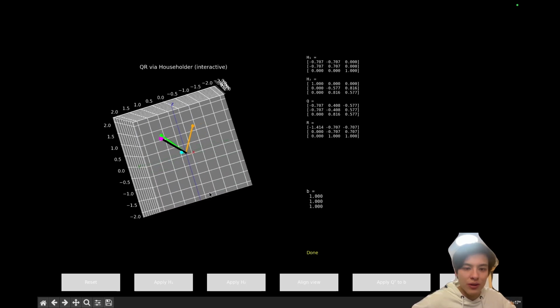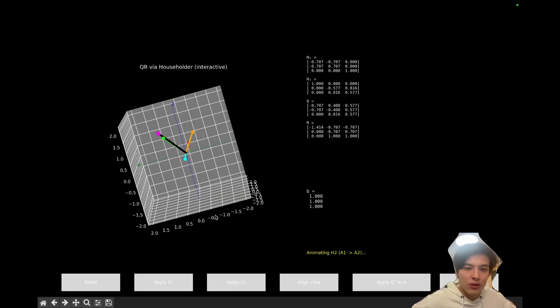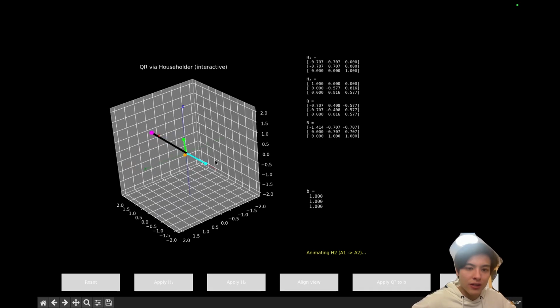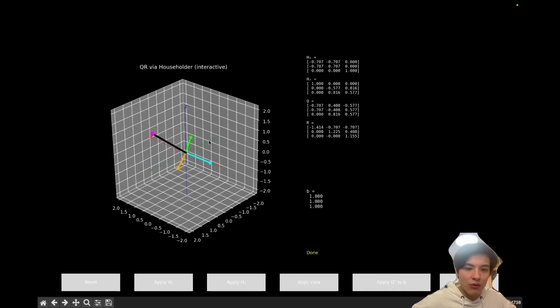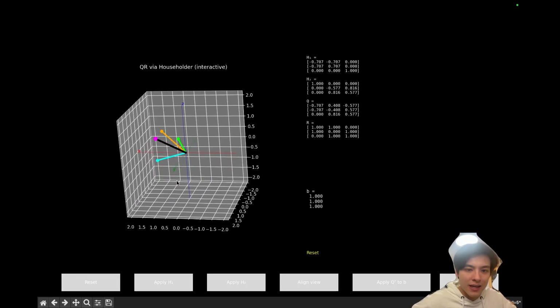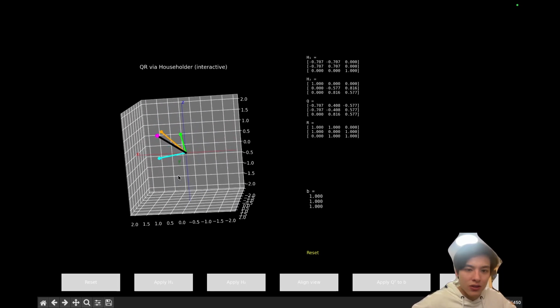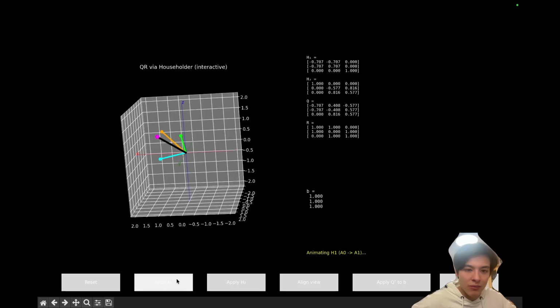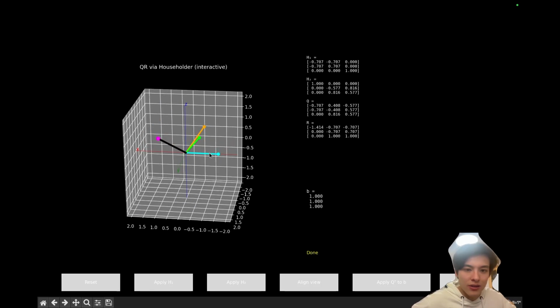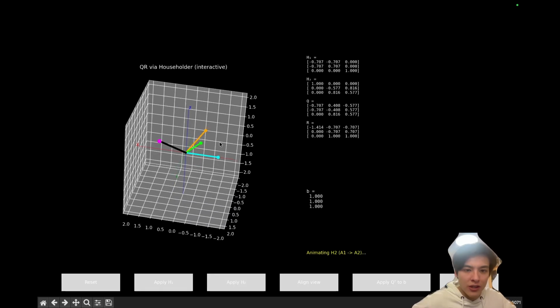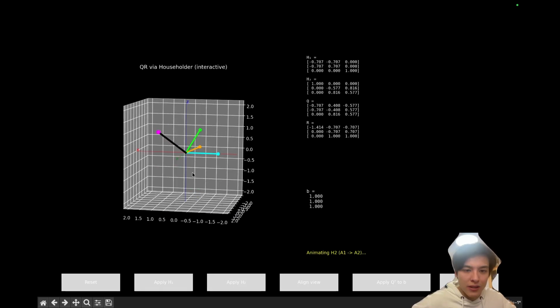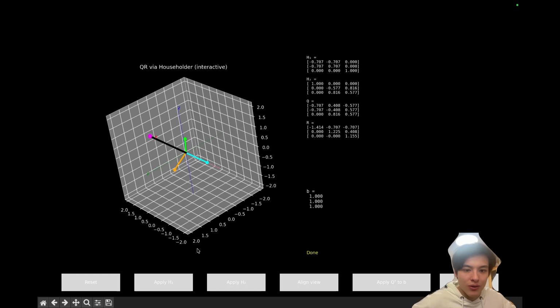Now if we do H2, we would do a rotation, and it will move it to the xy plane. Let's see that again, actually. So it was initially here, if we apply H1, it will rotate to there. And if we apply H2, it would rotate this down here.